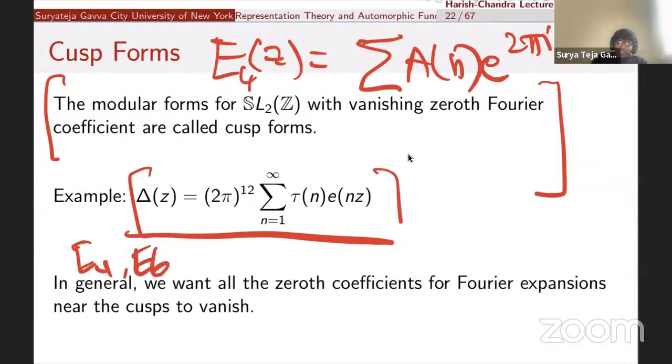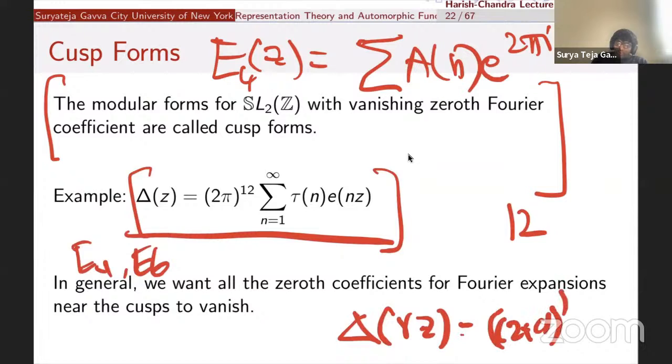It's a weight-12 form, so delta of gamma z is (cz plus d) to the 12 times delta of z.